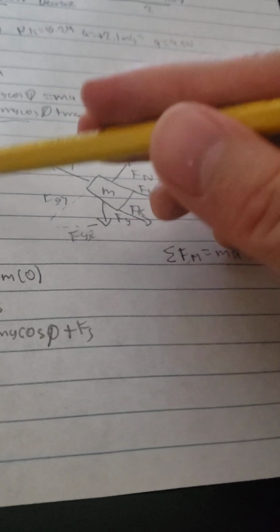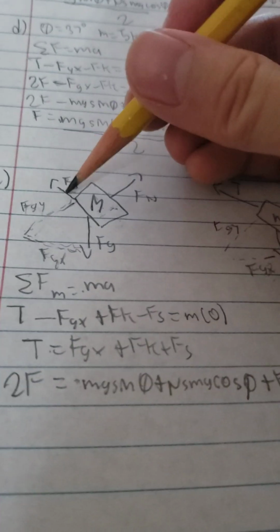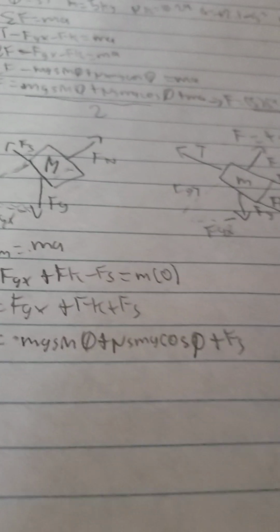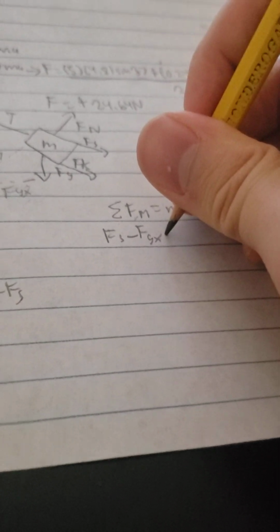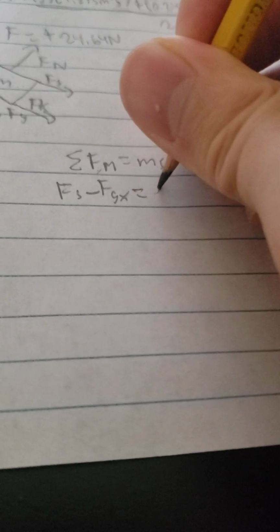Because there is static friction also on that top box, which will be way easier to solve for f of s. Equals MA, things opposing this one right here. There's no tension opposing on the top box, but the forces on the big M, the top box, are f of s and Fg of x, equals 0.